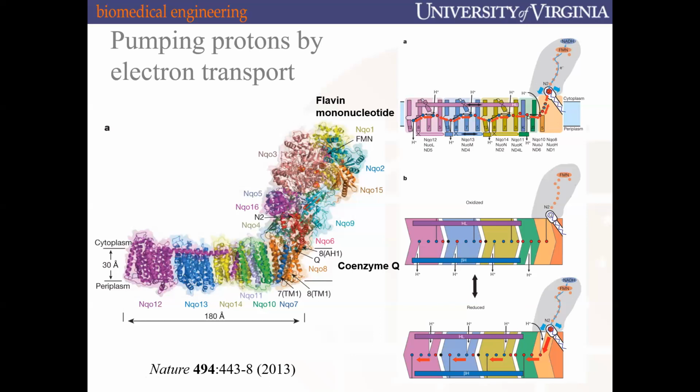Just to summarize, as the electrons are passed from the iron sulfur clusters to other cavities in this complex, that's changing the conformation of these different subunits and little clusters in the larger complex, which allows the hydrogen ions to trickle through.